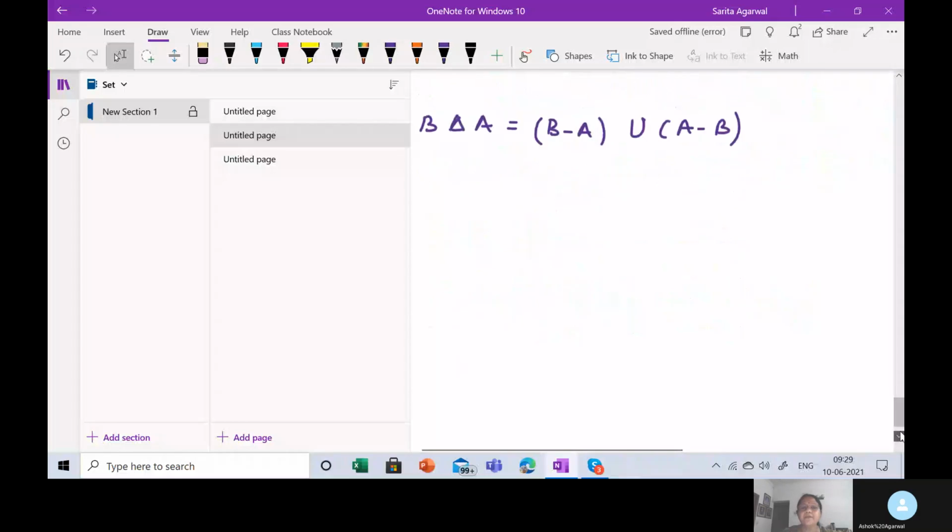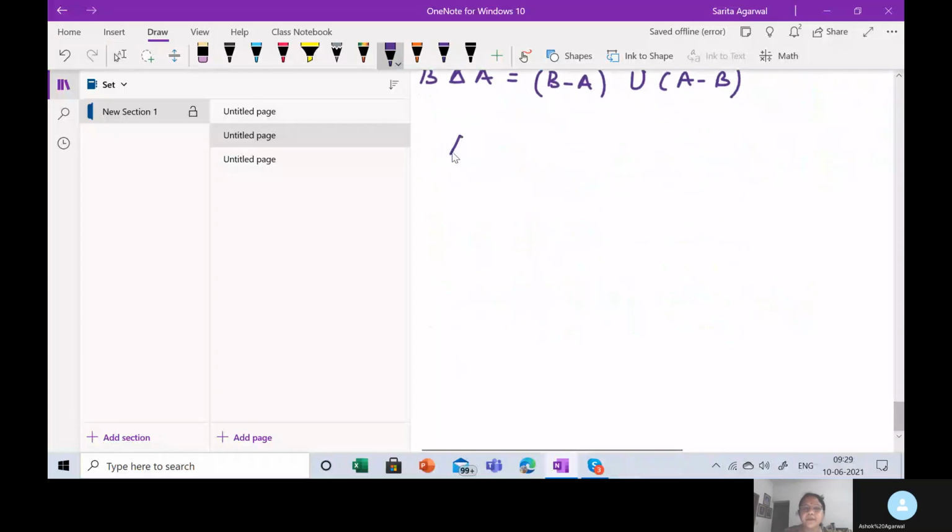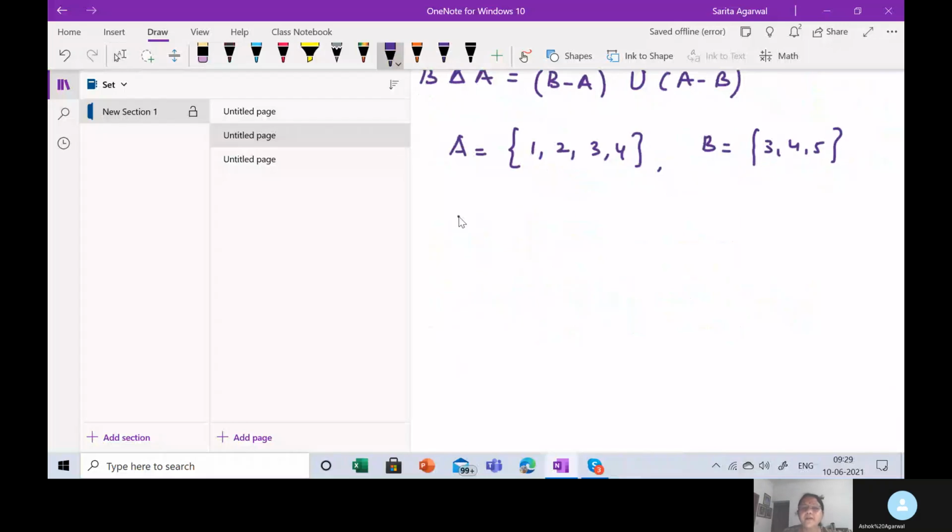If we have A equal to 1, 2, 3, 4 and B is 3, 4, 5, then A minus B we know is just 1, 2. B minus A is just 5.